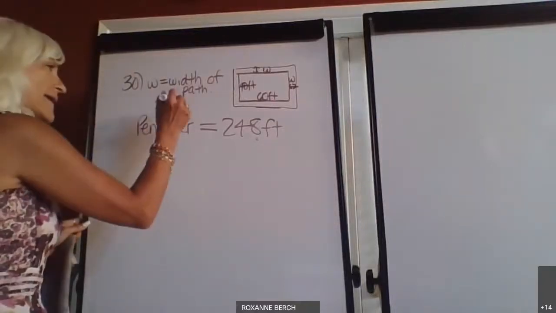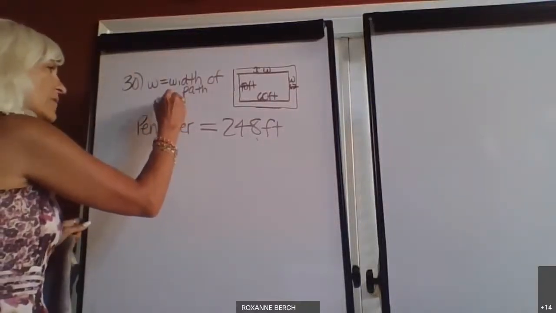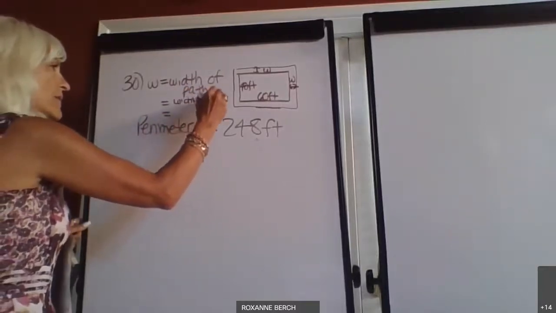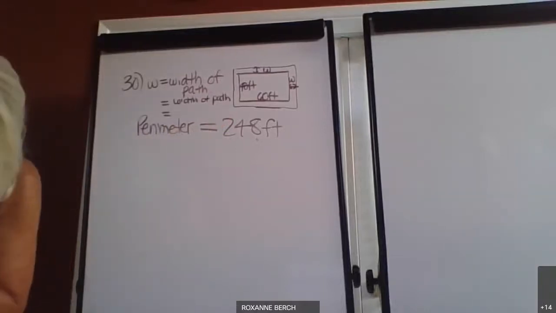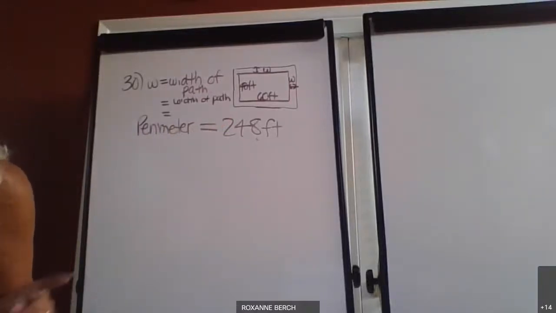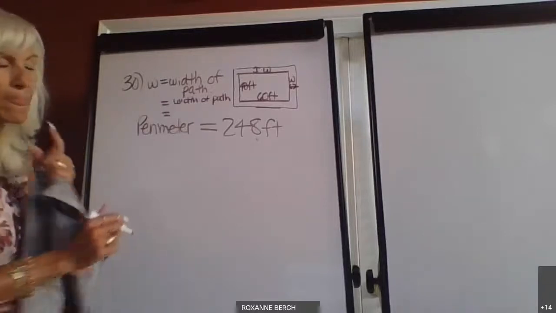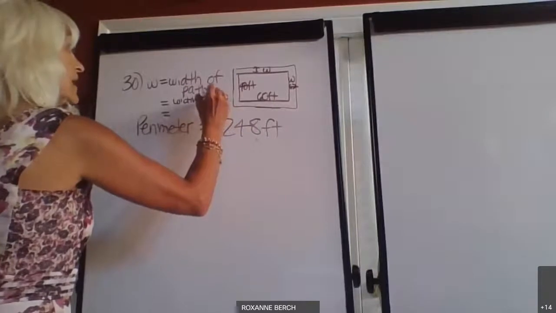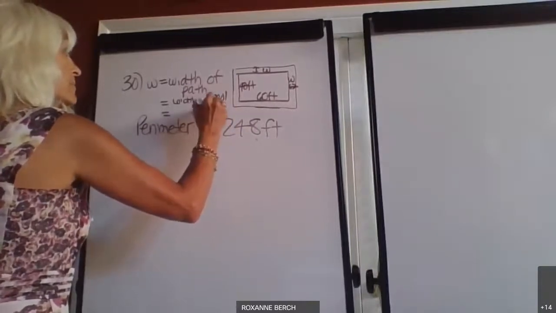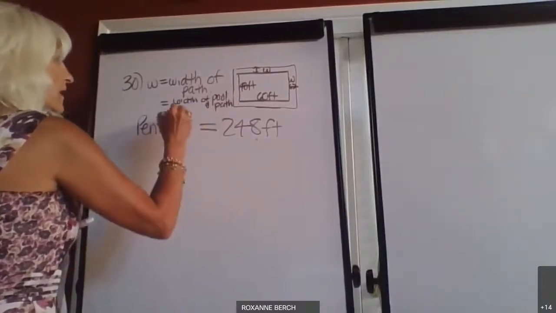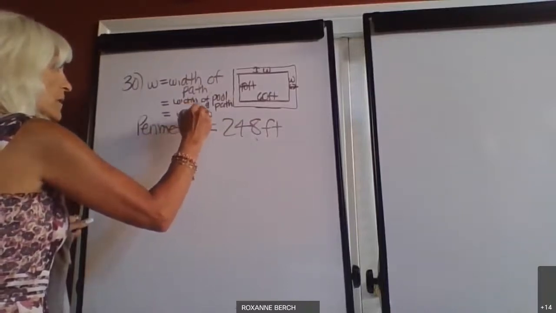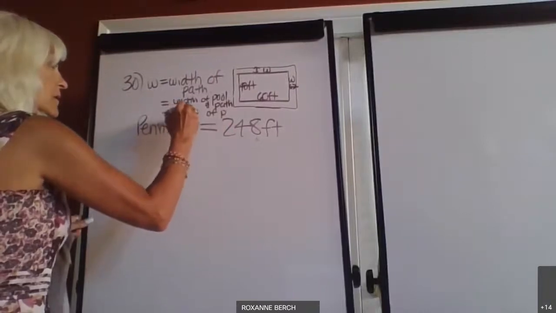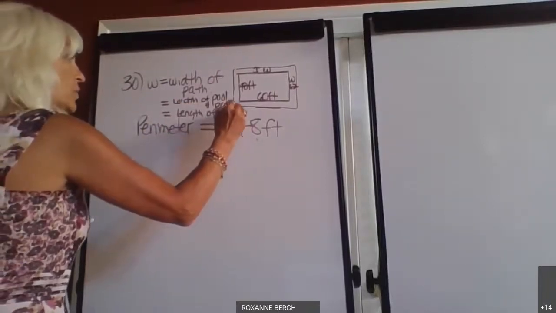So if we take the width of the path, the width of the pool and the path, this is tricky, and we take the length of the pool and the path.